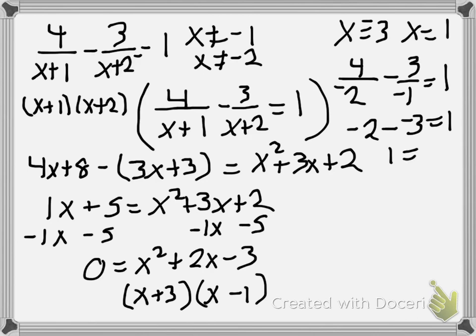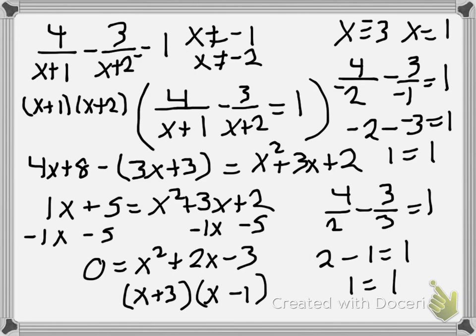Does 1 equal 1? Yes. Now let's plug in 1. So I have 4 over 2 minus 3 over 3 should equal 1. Well, does 2 minus 1 equal 1? Yes. So both of my answers are good, negative 3 and positive 1.